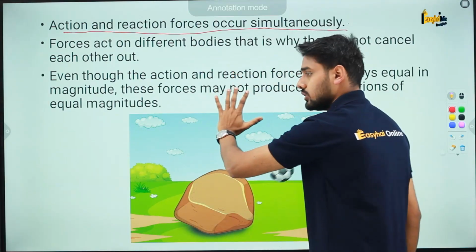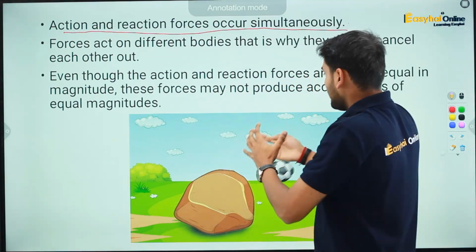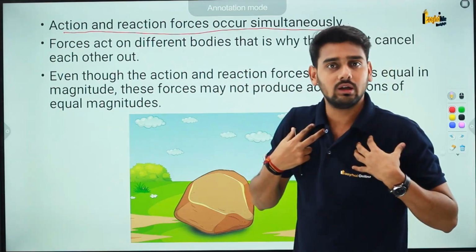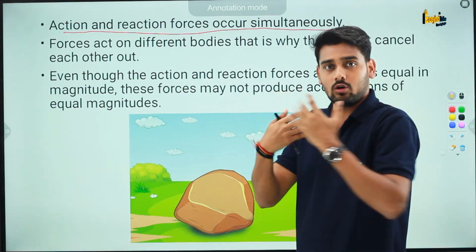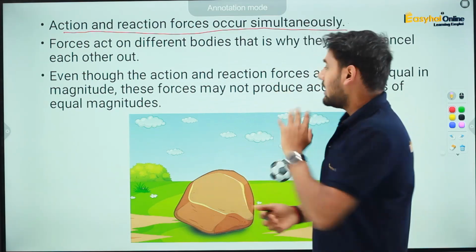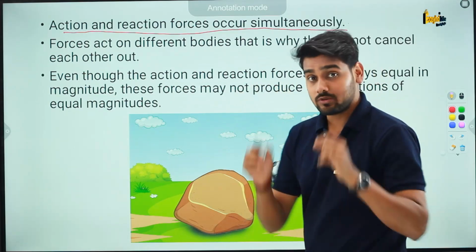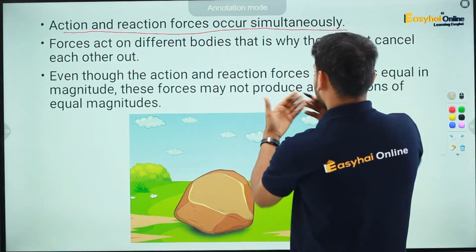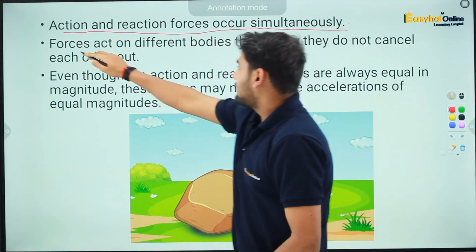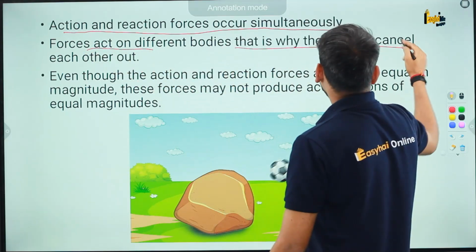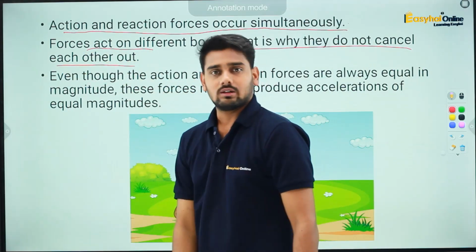That means when I push on this board like this, the board in return will push on my body, and there will be a force of equal magnitude but in opposite direction on my body, as well as I am applying the force on the board with the equal magnitude but in the forward direction like that. Now forces act on different bodies, that is why they do not cancel each other out.